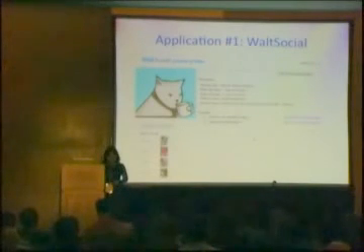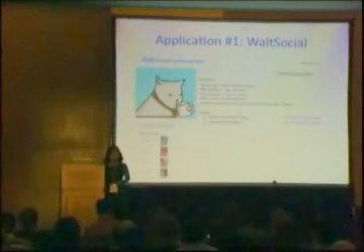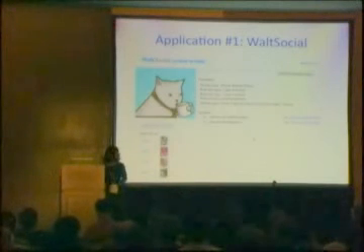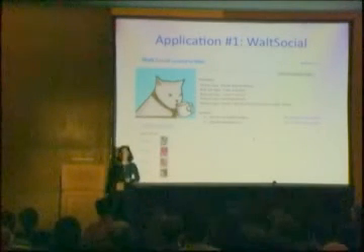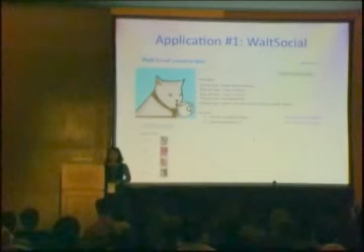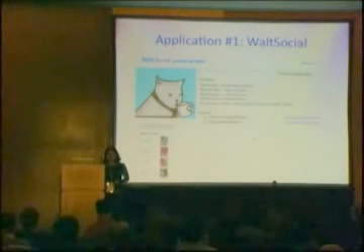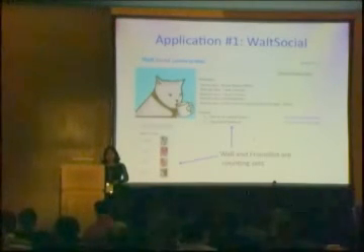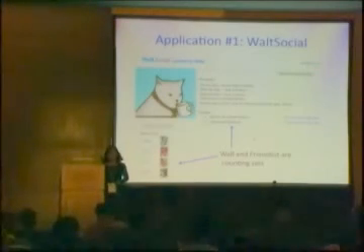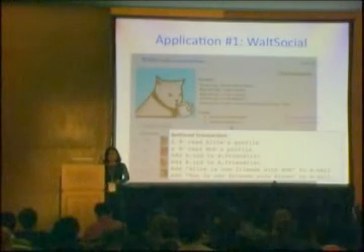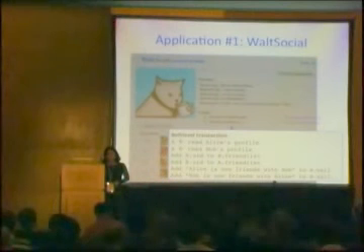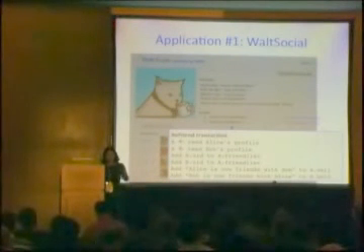So now it's time to talk about applications. We built 2 applications on top of Walter. The first one is Wall Social. Now I just renamed it Catbook. In this application, the wall and friend list objects are both counting sets. An example transaction in this setting is the befriend transaction, where Alice and Bob befriend each other.